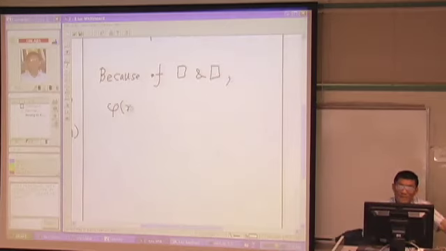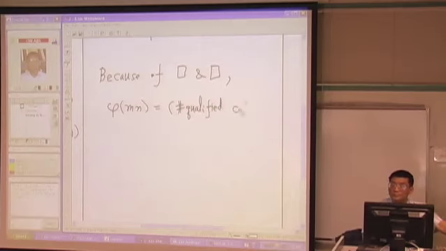phi of Mn equals, initially we did the number of qualified columns, right? It equals the number of qualified columns multiplied by the number of qualified boxes in each column, right?